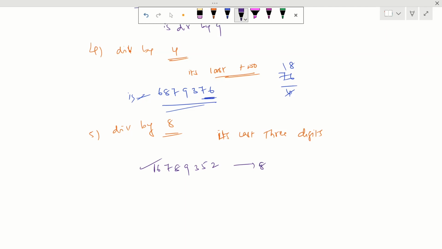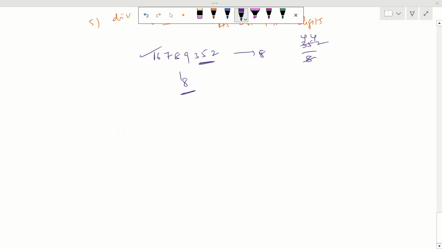To check this, we only check the last three digits, 352. It is divisible by 8, 8 4s are 32, then this number is divisible by 8. Then we can say this number is divisible by 8. Right.